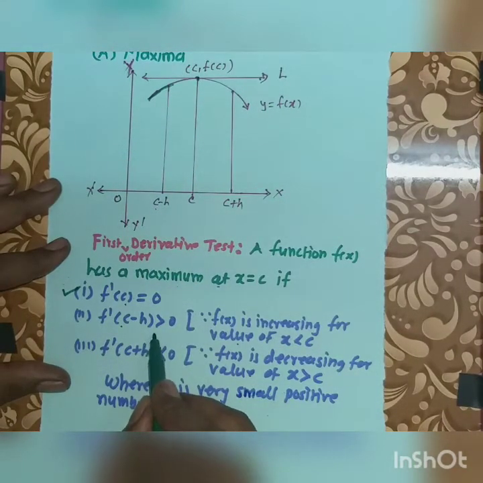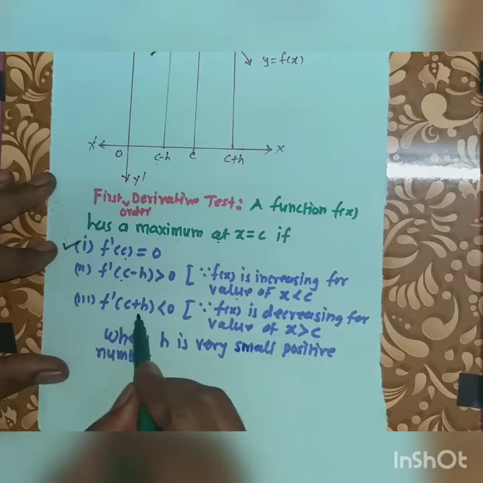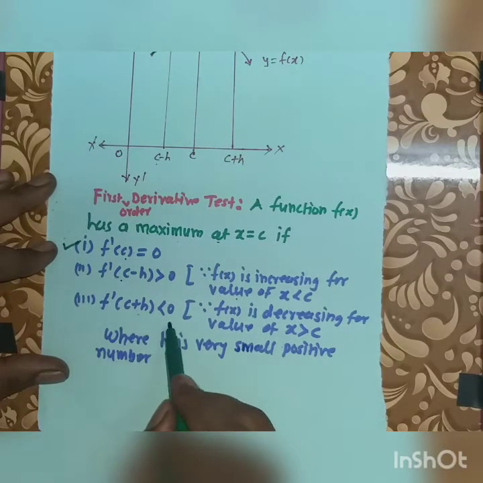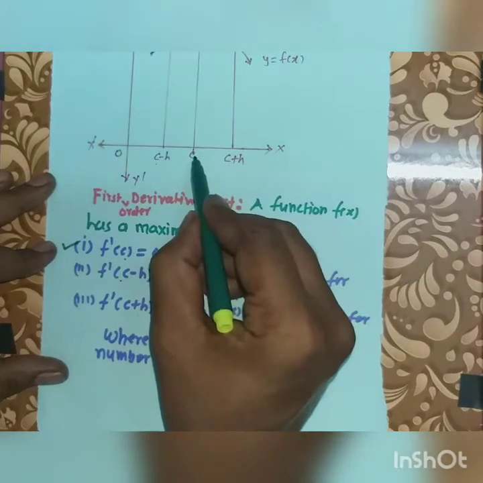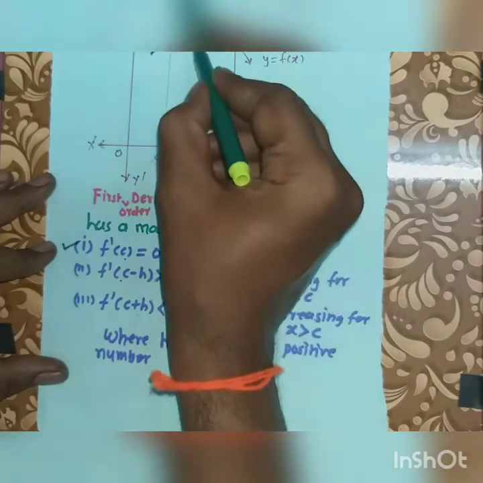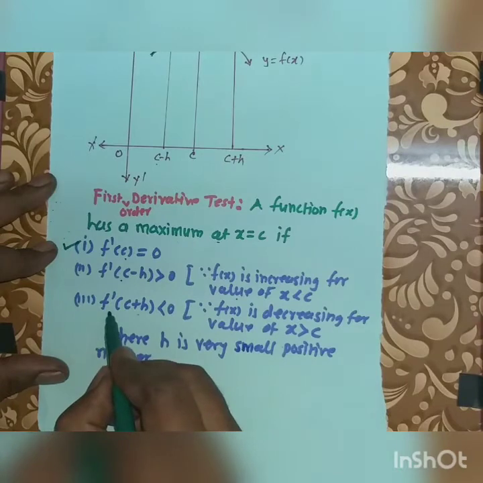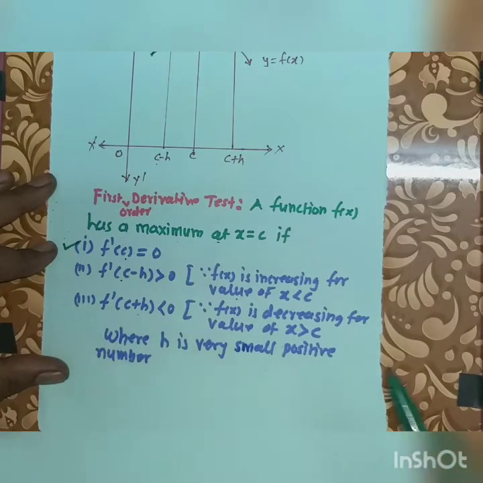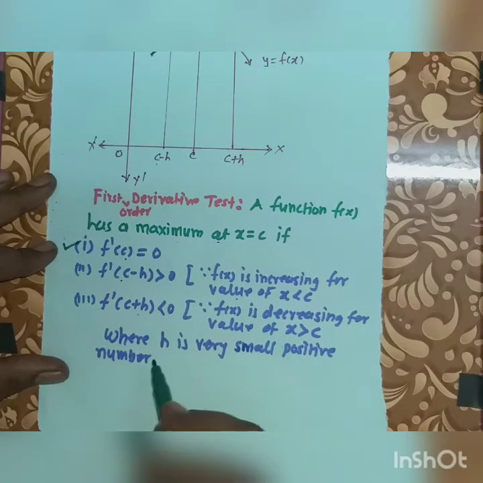Third, f dash of c plus h is less than 0. That means f of x is decreasing for values of x greater than c. As x increases, the graph goes downward, that is, it decreases. That means the first order derivative on the right hand side of point c is negative.